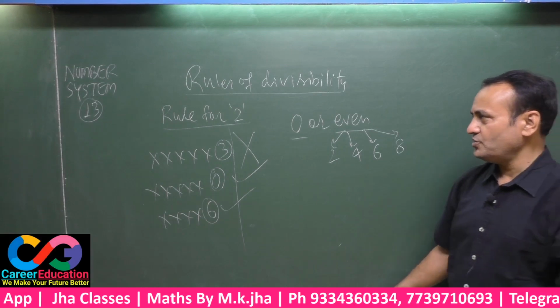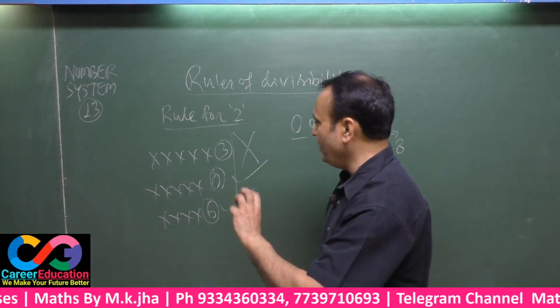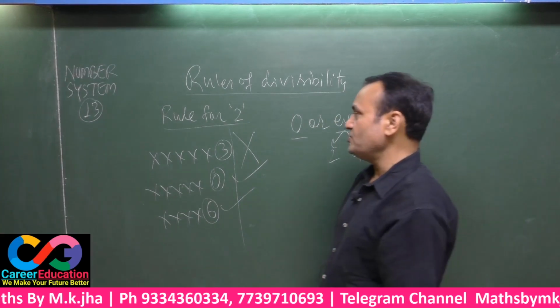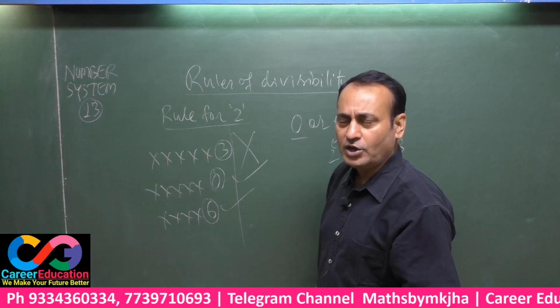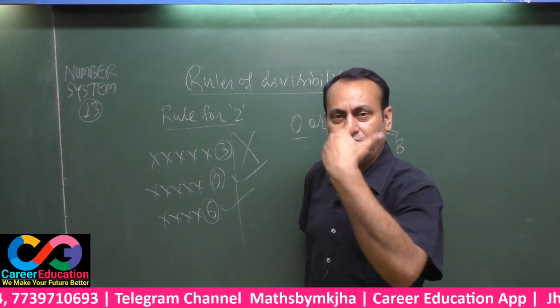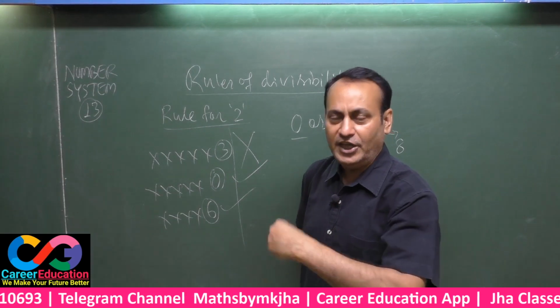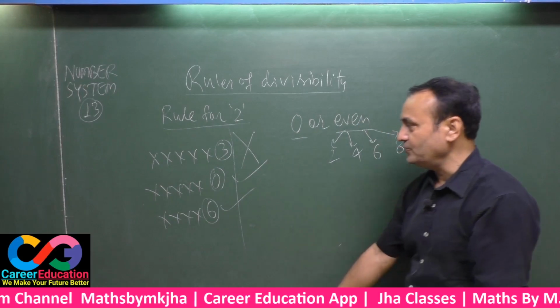So this is the rule for 2. That means a number is given to you and the question setter asks you whether this number is divisible by 2 or not. You have to see only the unit place of that given number. If there is 0 or any even digit, certainly the number will be divisible by 2.